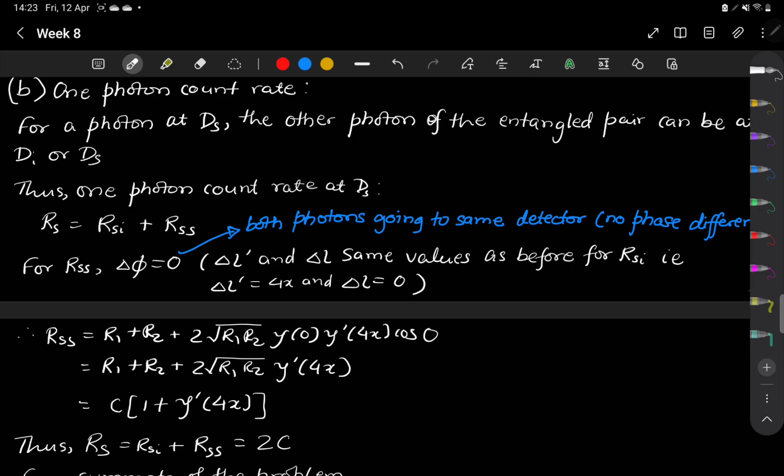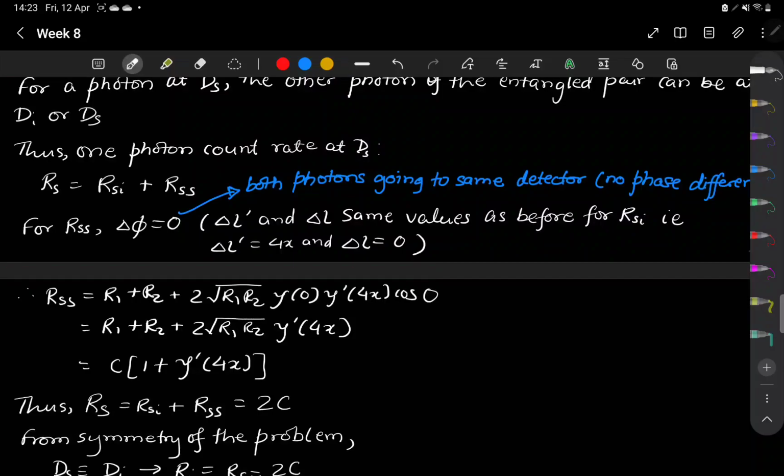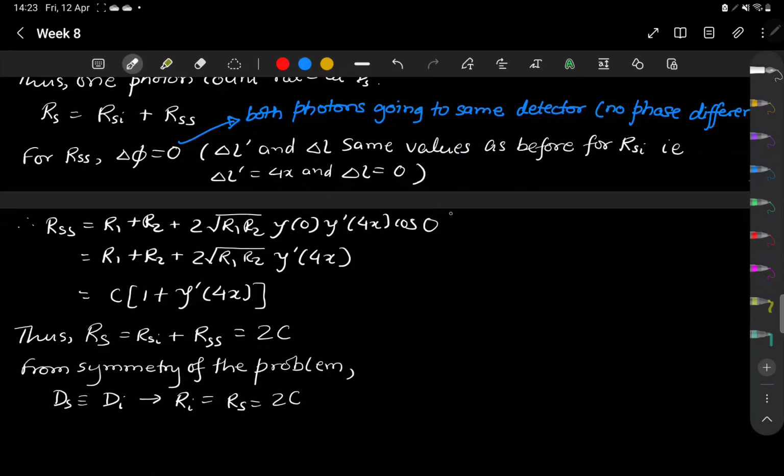Someone is asking what the alternatives are going to be for Rss. So let me just draw that over here. Why am I not able to draw a straight line?